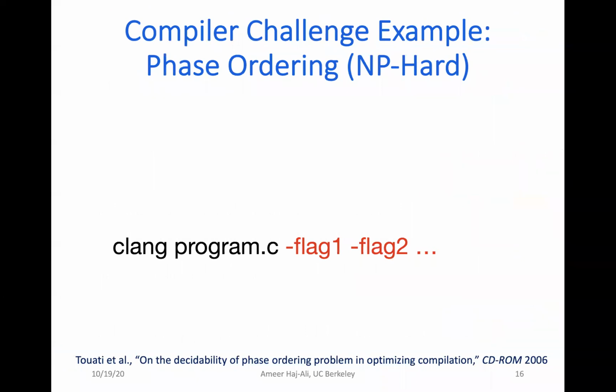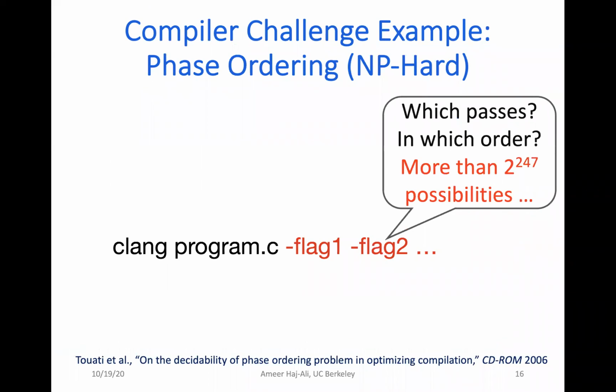So let's go back to explain the problem to you. Basically, when you compile a program, you generally give it the compiler and then the program, and there are a bunch of flags here that determine basically which optimizations the compiler has to perform and in which order it has to do it. You can think about it that it's like loop unrolling, inlining, and things like that.